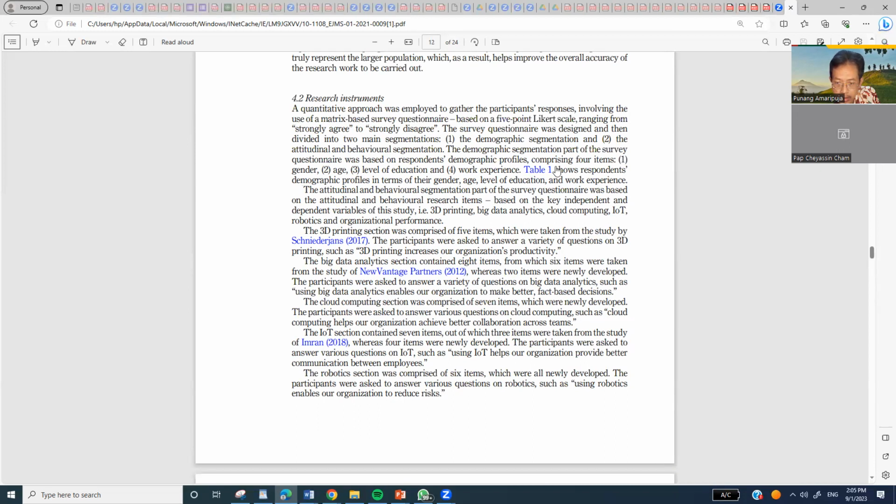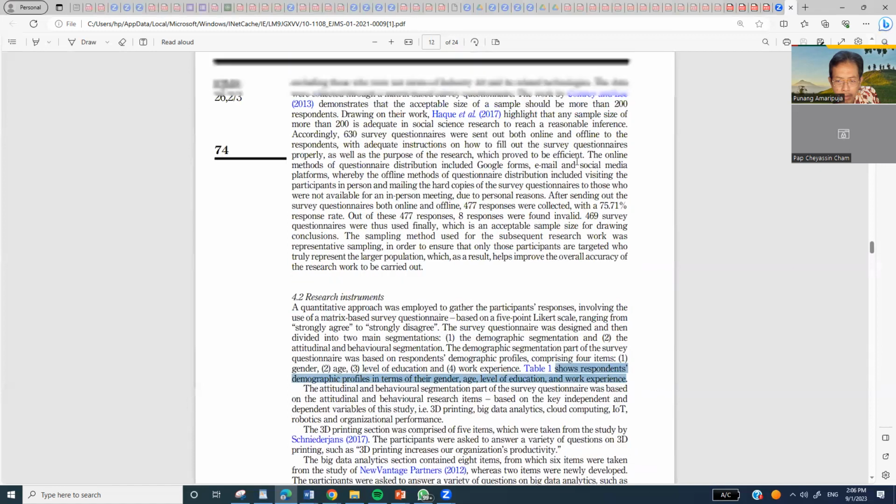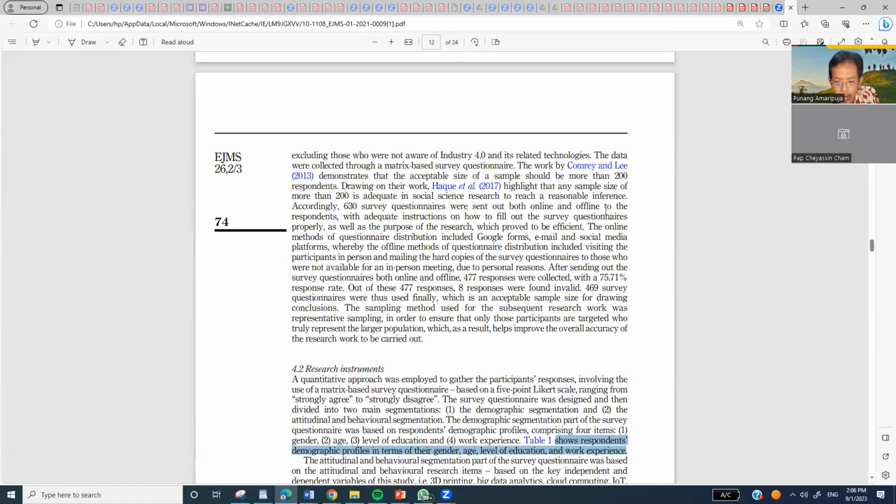Yeah, this is the results of the educational and so on of the respondents, but who are they? Can you survey students, for instance? Yes, students.